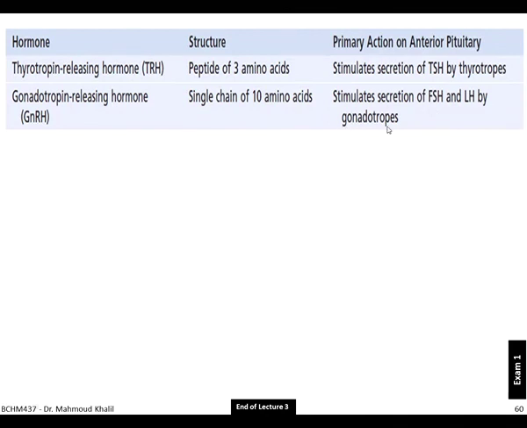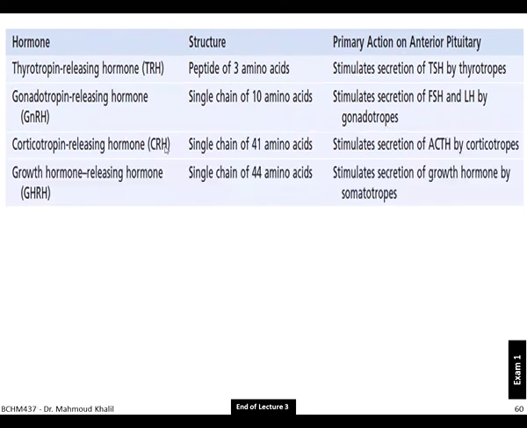These are another type of cells that exist in the anterior pituitary. You have the corticotropin releasing hormone, the CRH, which is a single chain of 41 amino acids, differing from the GHRH, which is a single chain of 44 amino acids. The CRH stimulates the secretion of adrenocorticotropic hormone from the corticotrophs, while the GHRH stimulates the secretion of growth hormone by the somatotrophs.